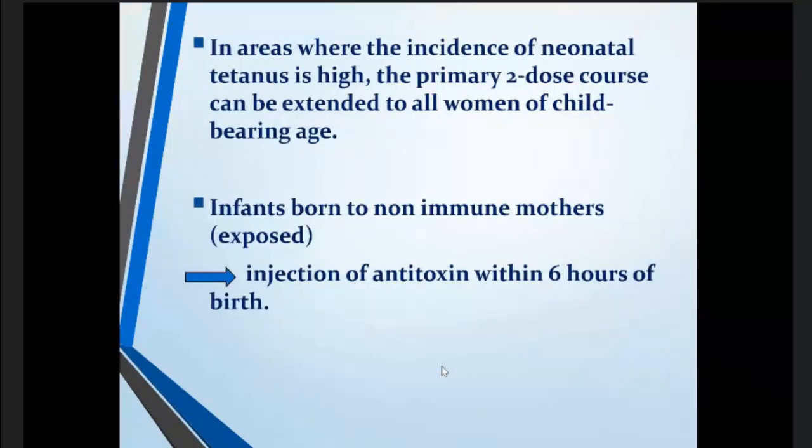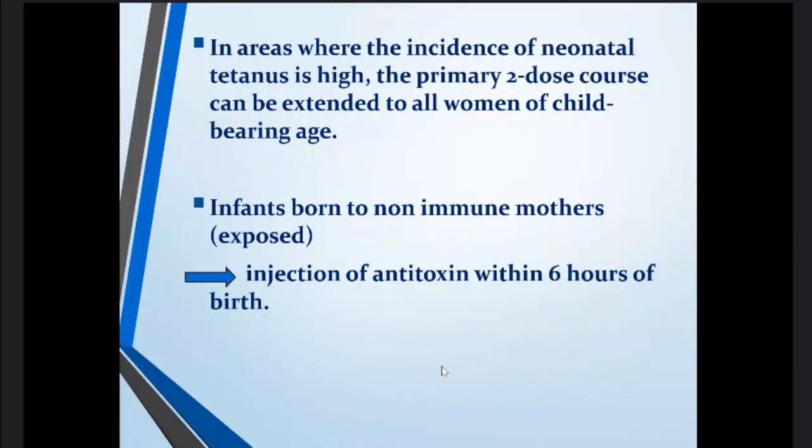In areas where the incidence of neonatal tetanus is high, the primary 2-dose course can be extended to all women of childbearing age. That is, tetanus toxoid can be given to females at schools, usually in fifth grade of primary school and second grade of intermediate school.